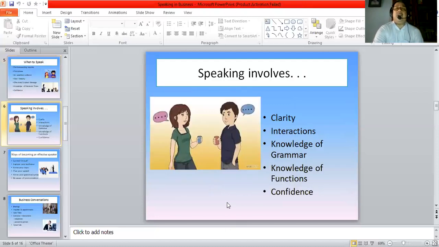What more do we have, or what more does speaking involve? Obviously, clarity. This is something that we have already looked at. And the ways of interacting with others, a knowledge of social interactions, business interactions. Let us say that I'm interacting with a client or with a customer who is aggrieved or who has got a problem with a product that I've sold.